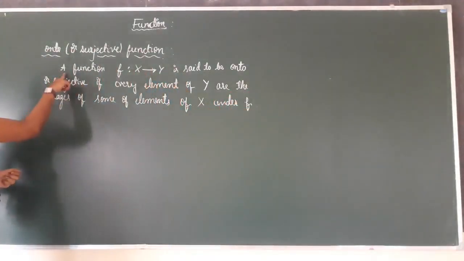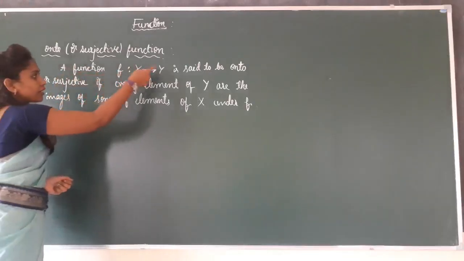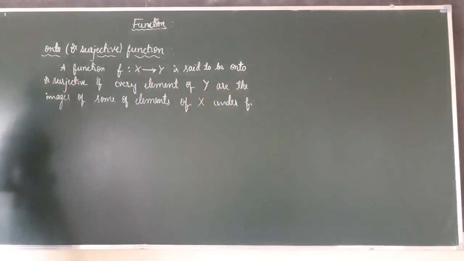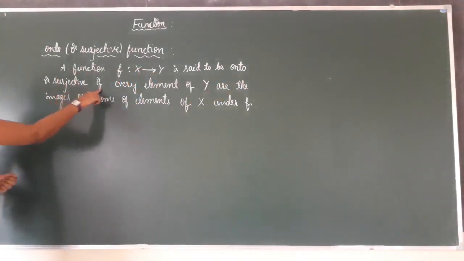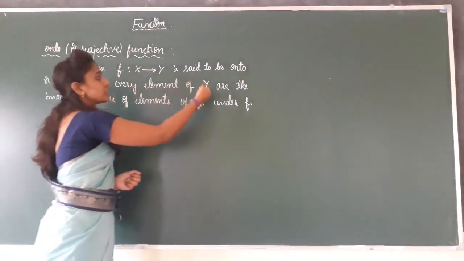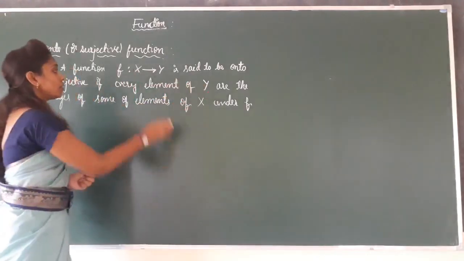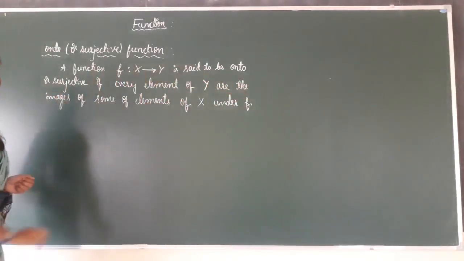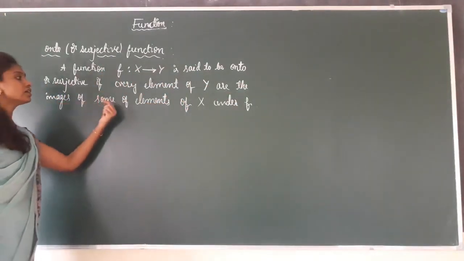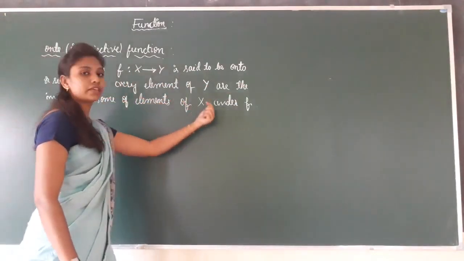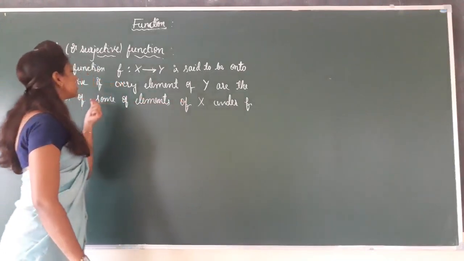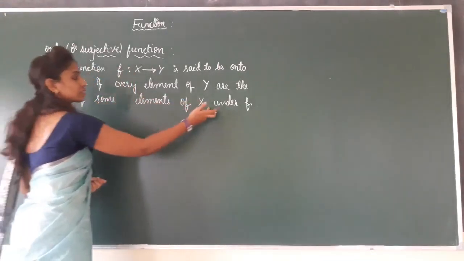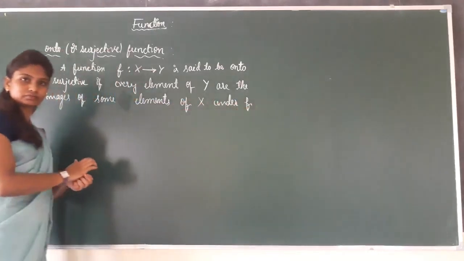Observe now. A function f from X to Y is said to be onto function or surjective function if all the elements of the set Y are the images of some of the elements of X under the function f.